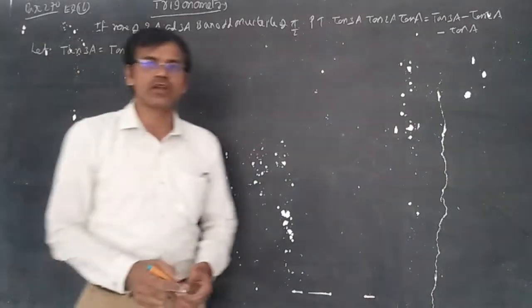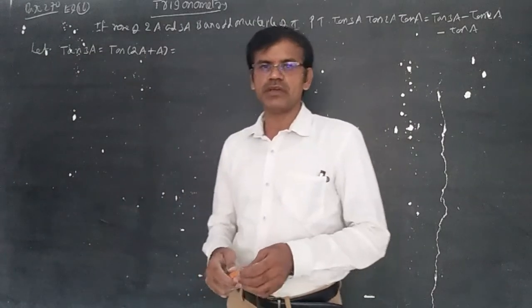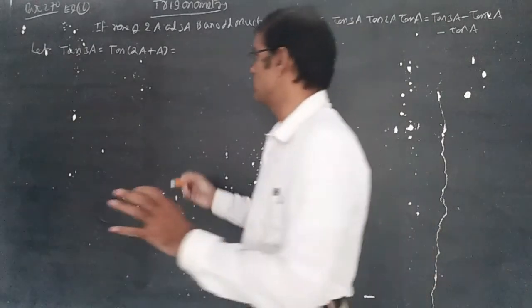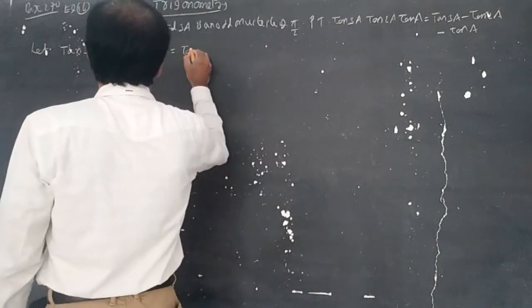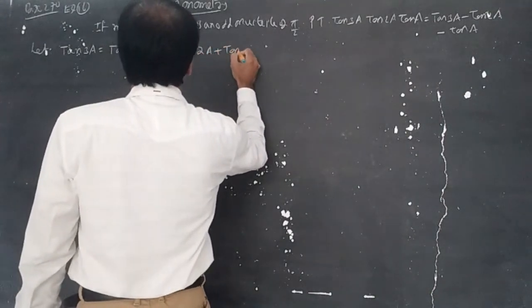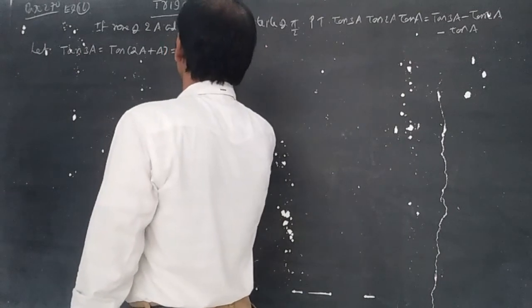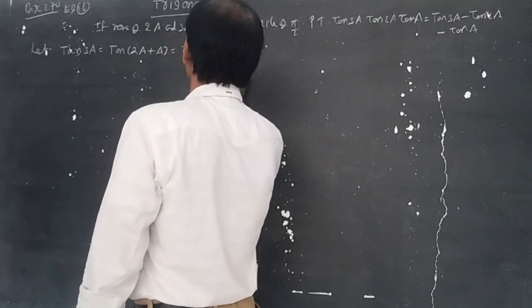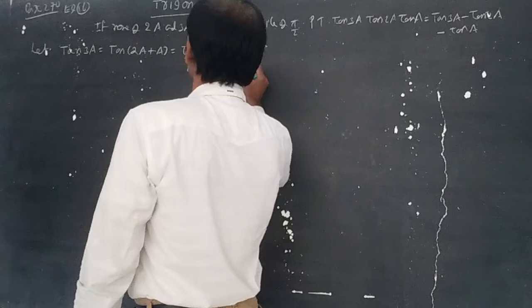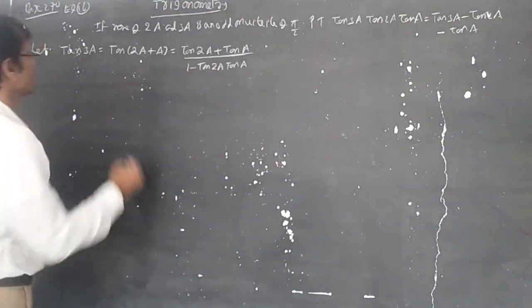I said the formula: tan of a plus b is equal to tan a plus tan b by 1 minus tan a tan b. Now here tan a plus tan b can be written as tan 2a plus tan a whole by 1 minus tan 2a tan a.